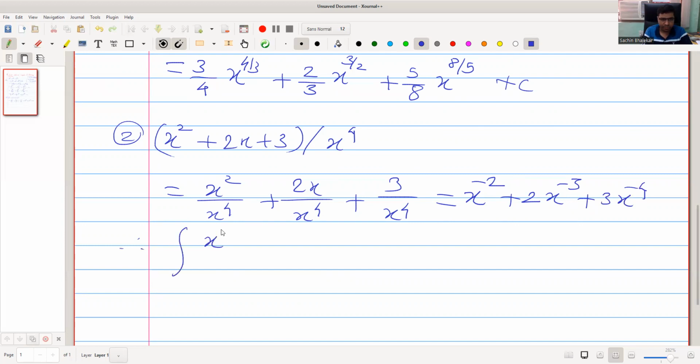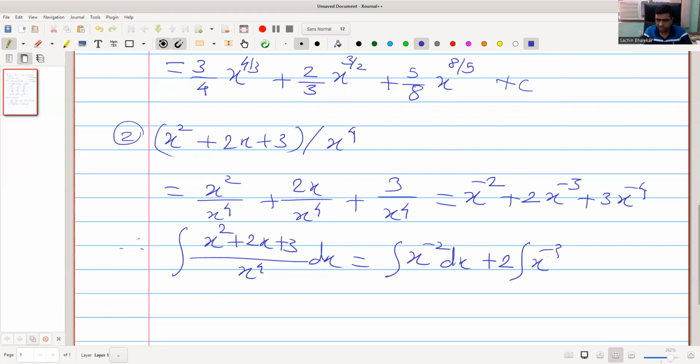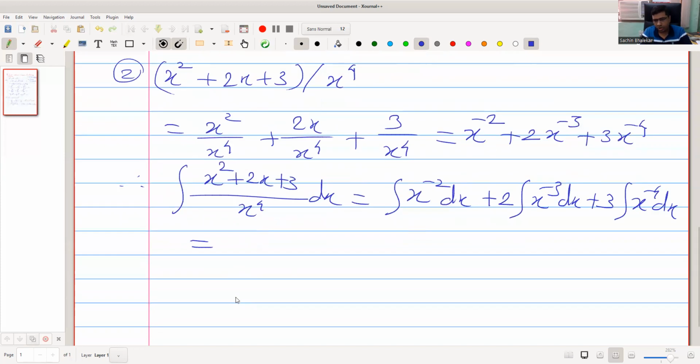So integral x square plus 2x plus 3 divided by x raised to 4 dx equal to, now we directly use linearity. So this is integral x raised to minus 2 dx plus 2 times, okay, this is constant like alpha, beta, okay, we are taking outside, 2 times integral x raised to minus 3 dx plus 3 times integral x raised to minus 4 dx. Now we use the formula of integral of x raised to n equal to x raised to n plus 1 upon n plus 1.